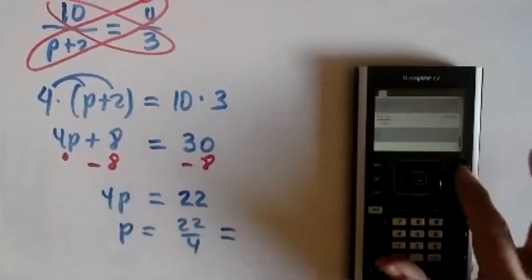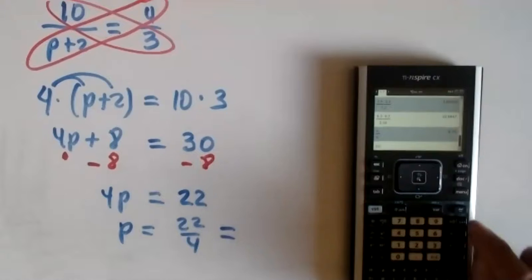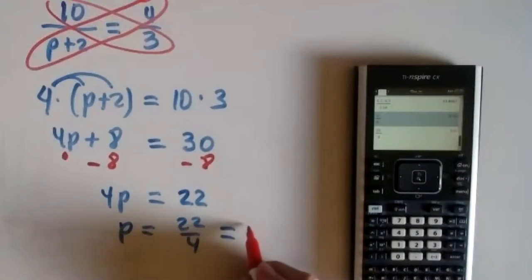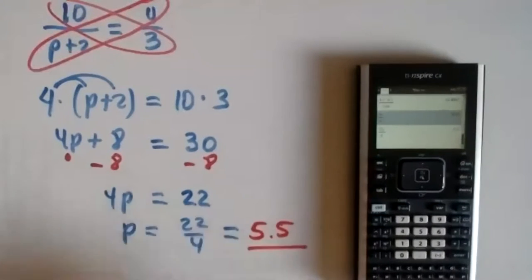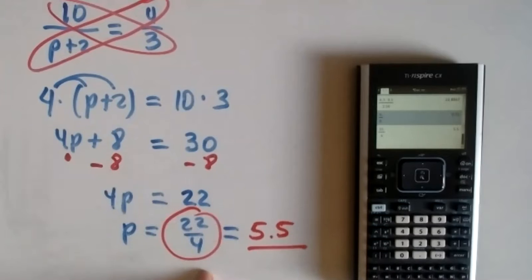So you put 22 divided by 4, and then you get 5.5. Okay? So 5.5 is my answer. Remember, this is correct. In your assignment, if you write this one, the assignment is going to tell you wrong. You have to put decimals, please.